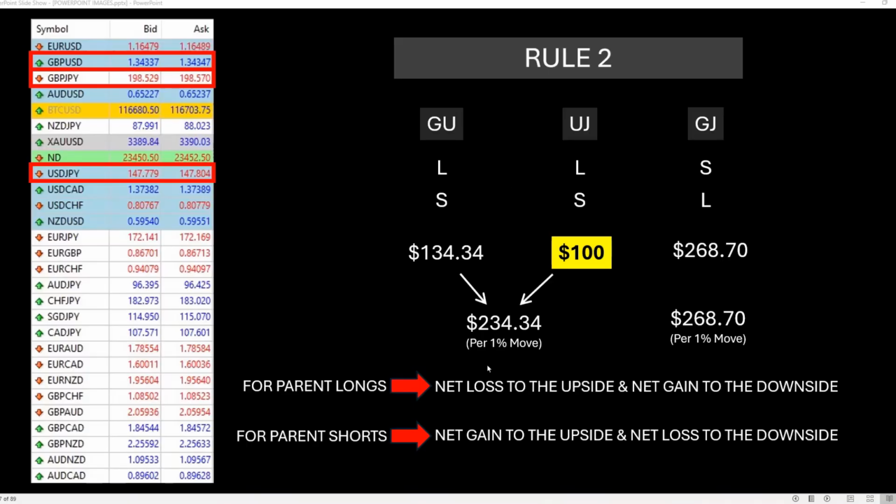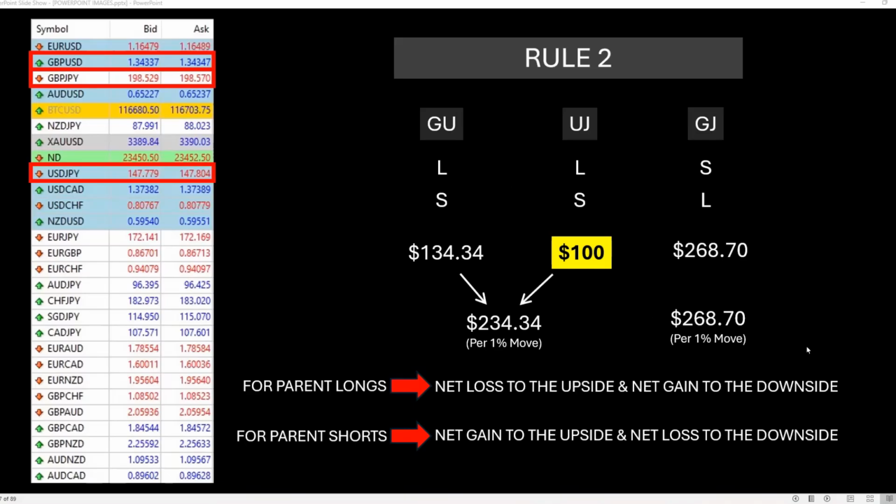So it's making money. But the cross pair is long, so this will be losing $268 per 1% move to the downside. So overall, it's losing money. There's a net loss. This is making 234, but this is losing at the rate of 268 per every 1% move to the downside.